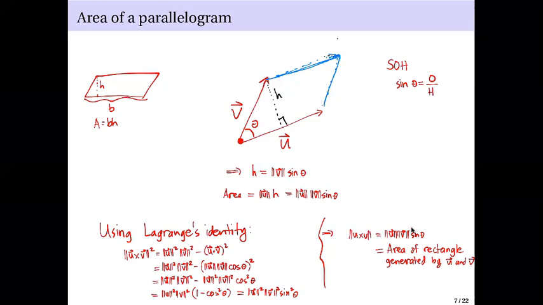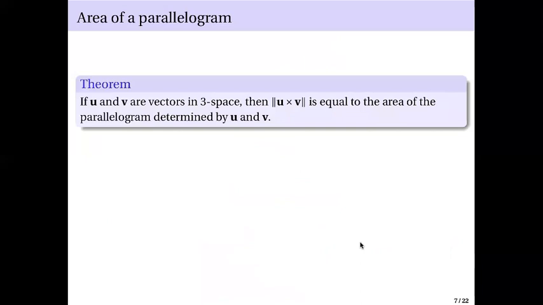So it means you have two vectors, u and v. You draw the parallelogram with sides u and v. If you want to get the area of that, however they are positioned, all you have to do is get the cross product and the norm. Okay? So that is our theorem here.